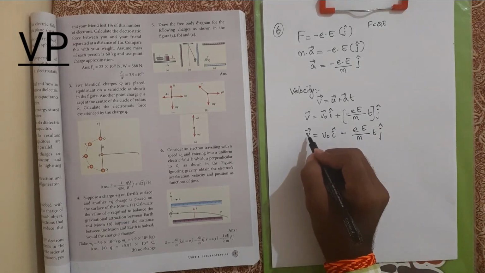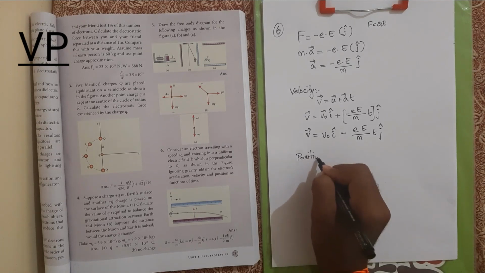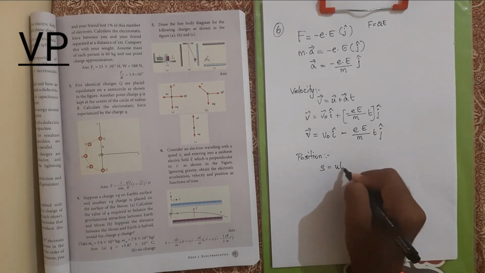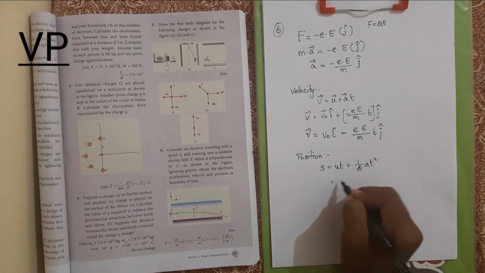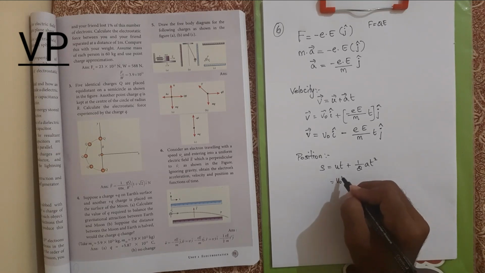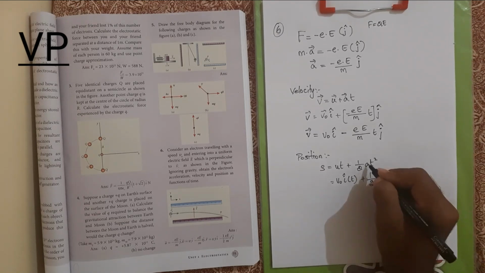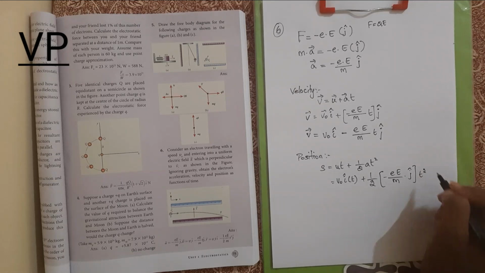So this is the velocity, and the last one is position. To find the position, we can also use the kinematic equation here: s is equal to ut plus half at square. Here u is the initial velocity which we know, v naught along the i cap direction. So v naught i cap into t, plus half into, for a we will substitute minus e capital E divided by m along the j cap direction, into t square.